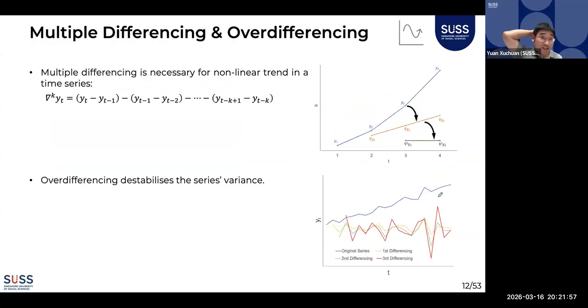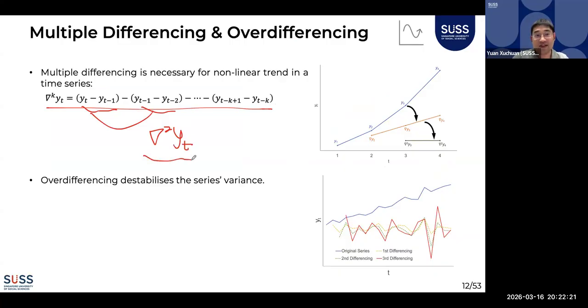Okay, so for the differencing, if you look at this, this is nabla yt. This is nabla yt minus 1, and the difference between the two will be nabla squared yt, the second order difference, and so on and so forth. So this is nabla k. If you look at this, it is like an auto-regressive function of yt.